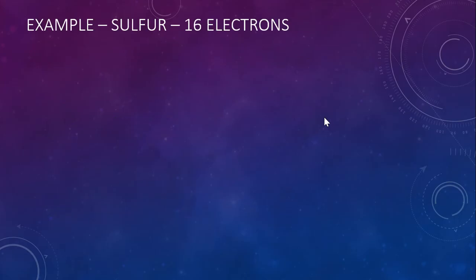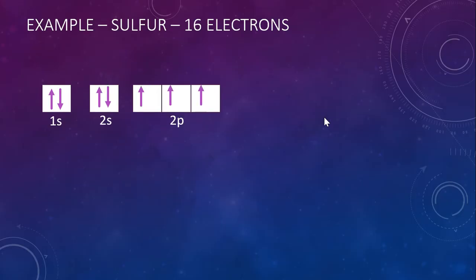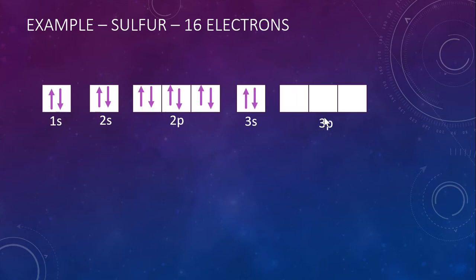So let's do this. If we had sulfur with its 16 electrons: 1s2, 2s2, 2p6, and 3s2, that's 12. And then 3p's next: 13, 14, 15, and 16. That's sulfur.